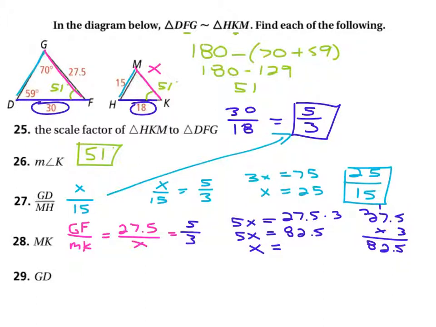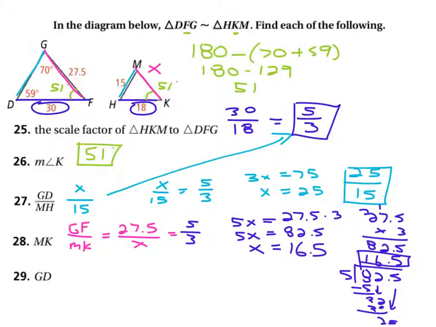And then that means x, which is what MK is equal to, is 82.5 divided by 5, because that was the coefficient there. So 5 goes into 8 once. 5 goes into 32 6 times. 5 goes into 25 5, and that's a decimal right there, so that's 16.5.